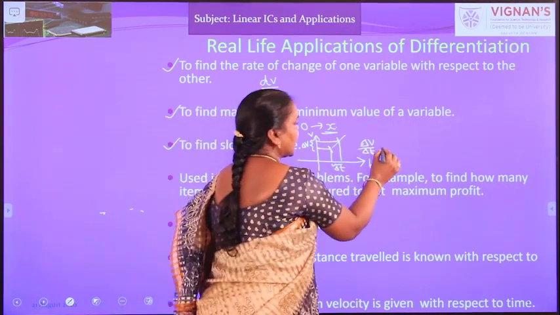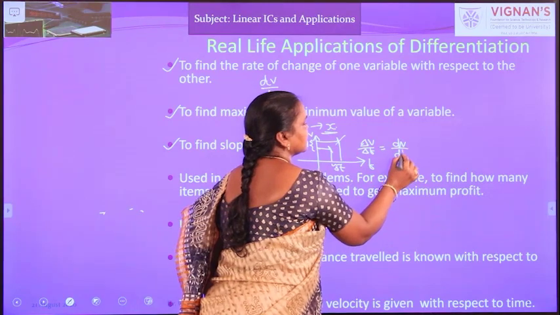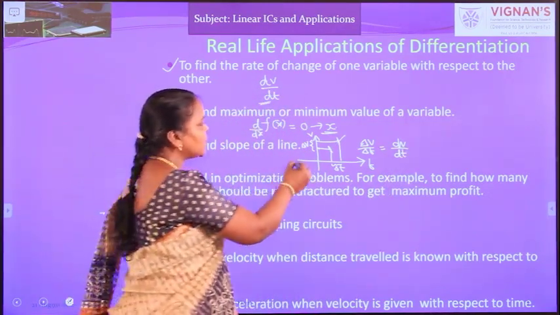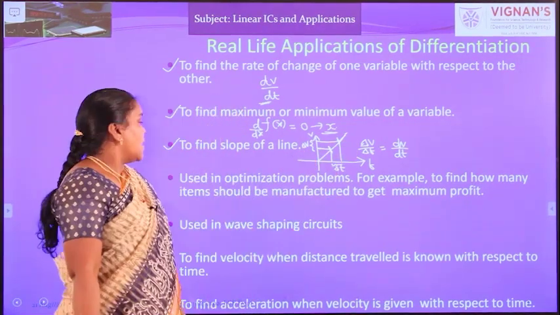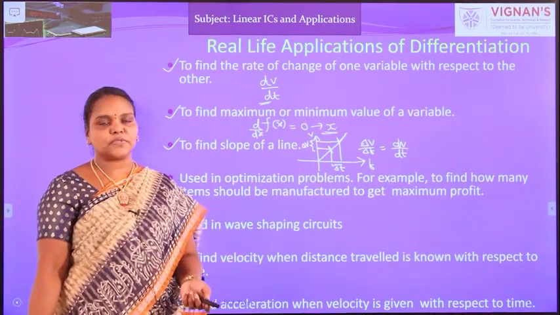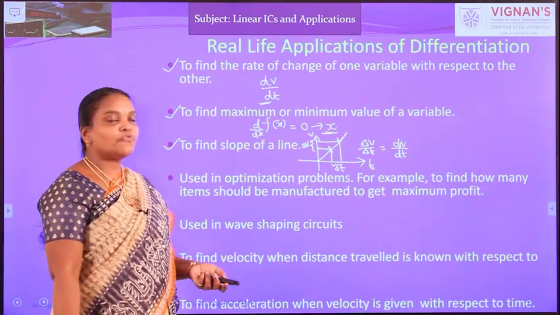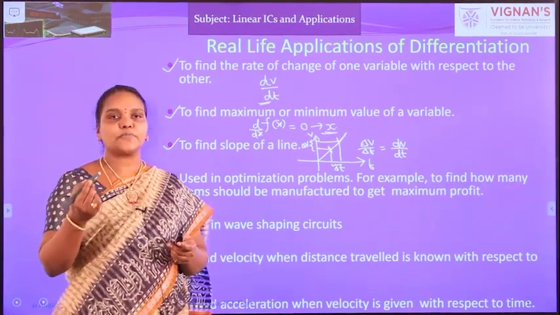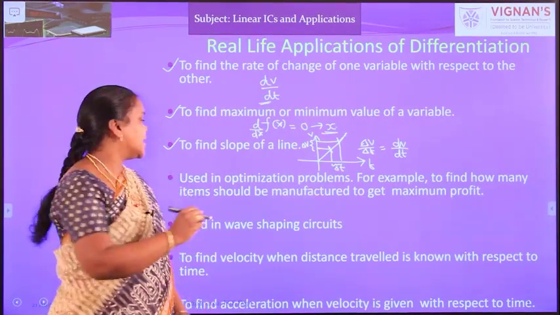It is also written as dV by dt. So that will give you the slope of that line. And next, it is used in optimization problems. Optimization problems means, for example, to find how many quantities to be produced to get the maximum profit. Such type of problems can be solved by using differentiation.